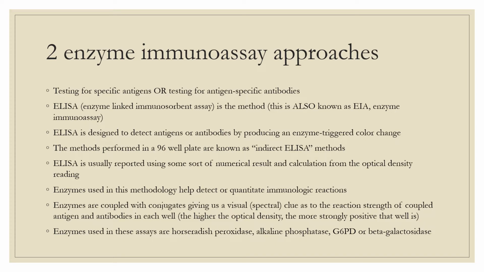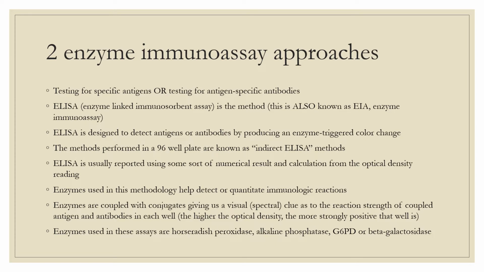The methods performed in a 96 well plate are known as indirect ELISA methods. ELISA is usually reported using some sort of numerical result in a calculation from the optical density. Enzymes used in the methodology help detect or quantitate immunologic reactions. Here we have enzymes that are linked up with conjugates, giving us a visual clue as to the reaction strength.